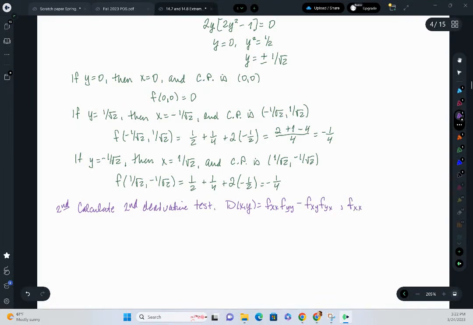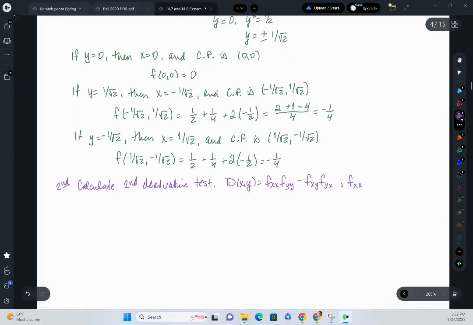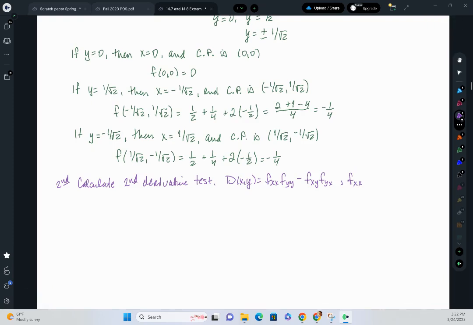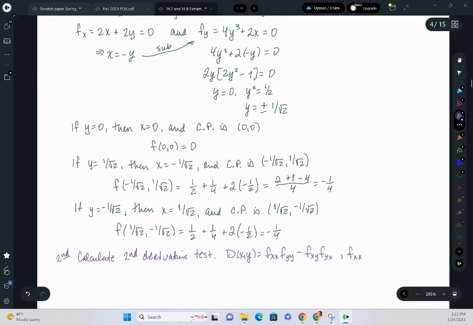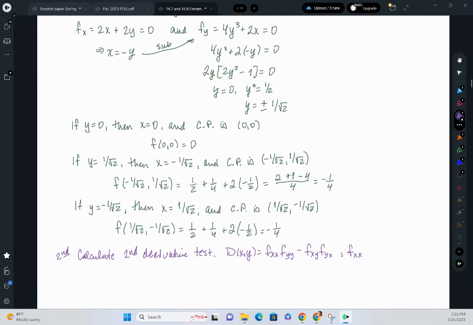And we also need to see what f sub xx is and what its sign is. All right, I'm basing this all off of the first derivatives that I already found up above. F sub x was 2x plus 2y, so f sub xx is 2, and f sub xy is also 2.